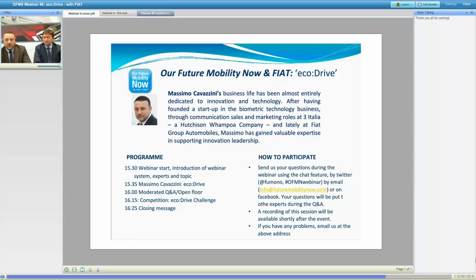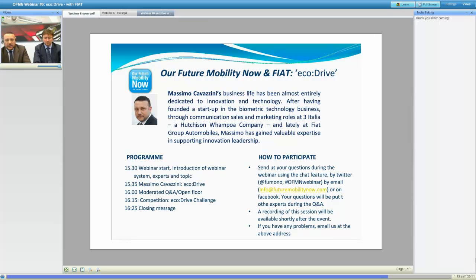So basically what we are doing is to expand not only the number of vehicles and the number of countries where you can use EcoDrive, but we are trying to give people new channels, and smartphones are a new channel for using EcoDrive to extend the user base.